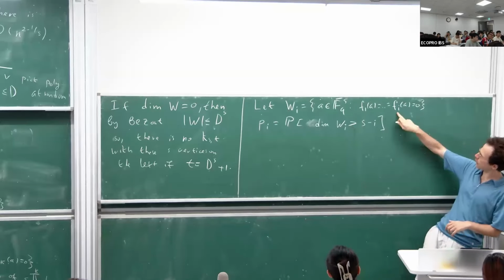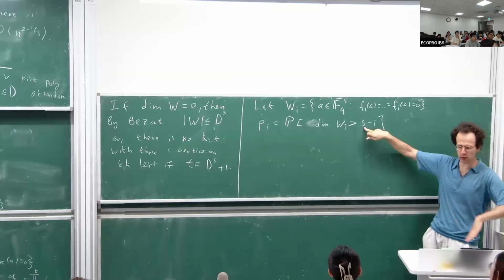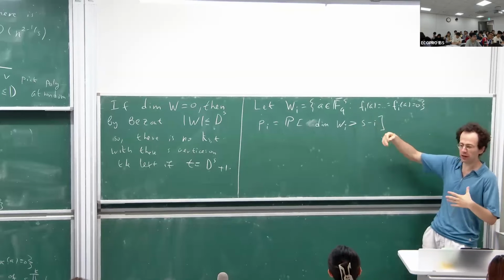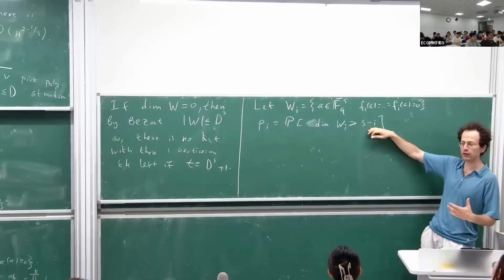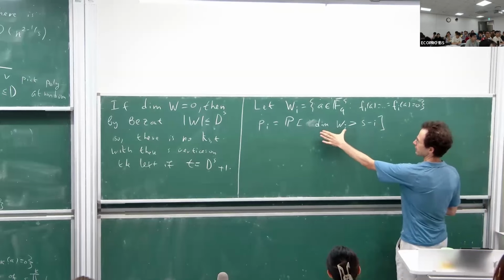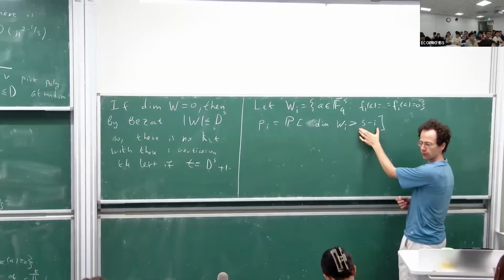We have i equations. So in S-dimensional space, again, by our linear algebra intuition, we expect this to have codimension i. So in ours, dimension S minus i most of the time. And this is the bad event, the event that the dimension is too large. We want to upper bound this probability.